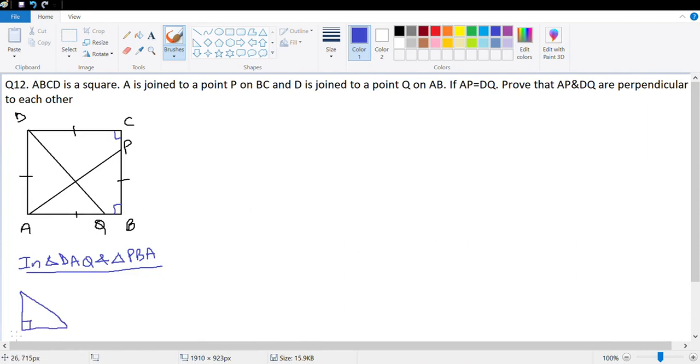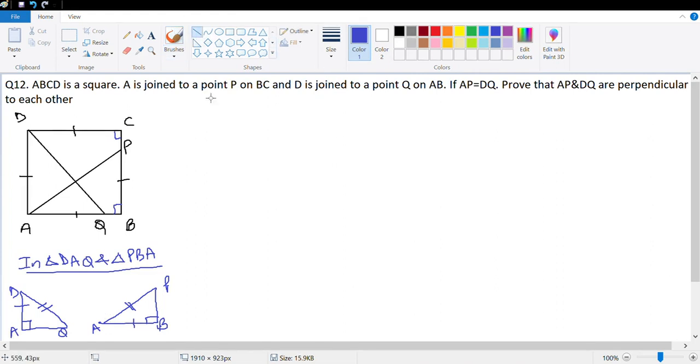So this is triangle ADQ and this is BPA. Angle A is 90, angle B is 90, AD is equal to AB because sides of the same square, and DQ is given equal to AP. So can I prove them congruent? Yes, this will be right angle, hypotenuse and side. So I can prove these two triangles congruent.